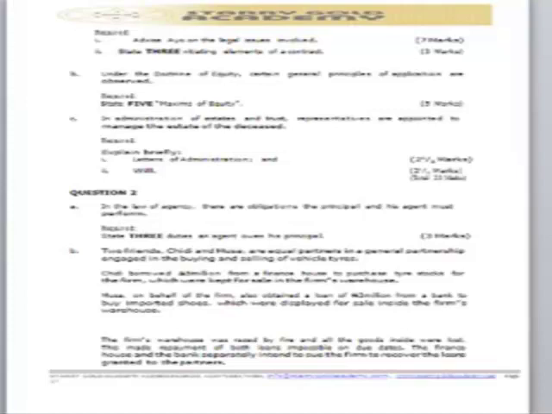Then let's look at the H aspect. It says two friends, Chidi and Musa, are equal partners in a general partnership engaged in buying and selling of vehicle tires. Chidi borrowed 5 million from a finance house to purchase tire stock for the firm, which were kept for sale in the firm's warehouse.